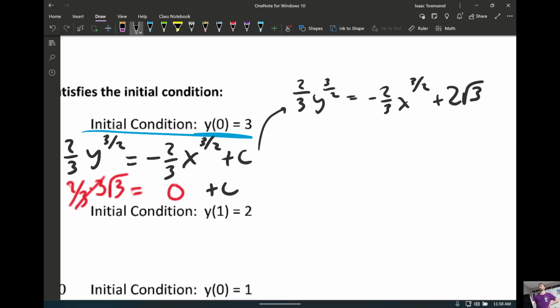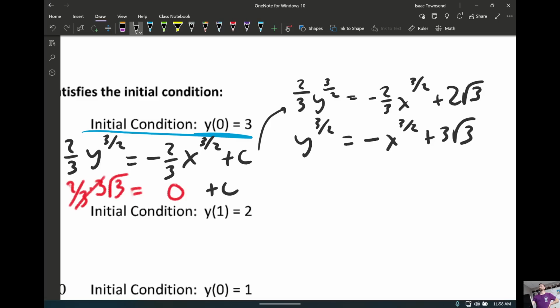Okay, and then we need to finish solving for y. So we could multiply everything by 3 and divide everything by 2. Multiply everything by 3 over 2 to get rid of that 2/3 next to the y.